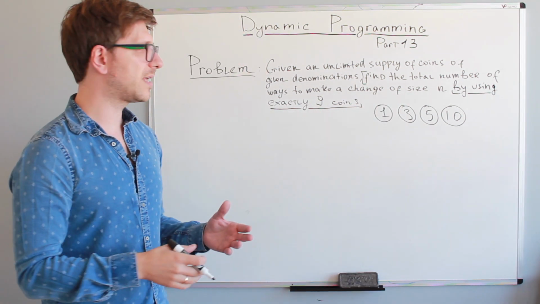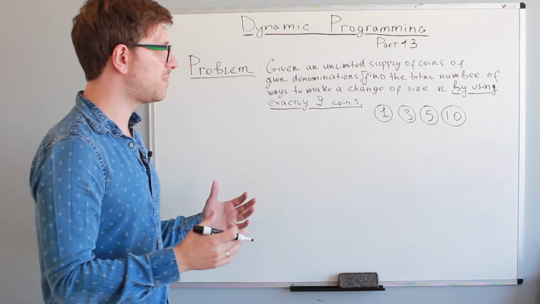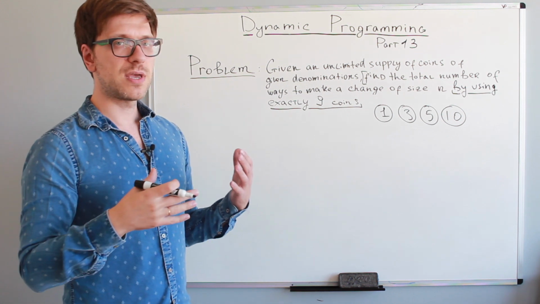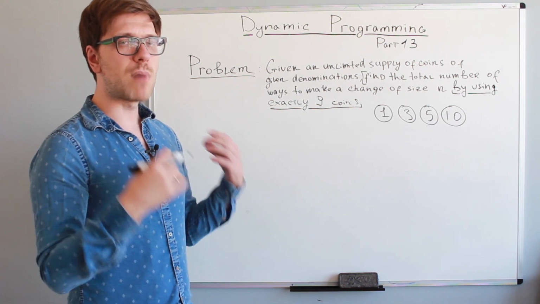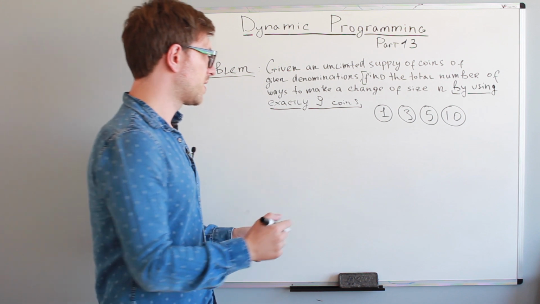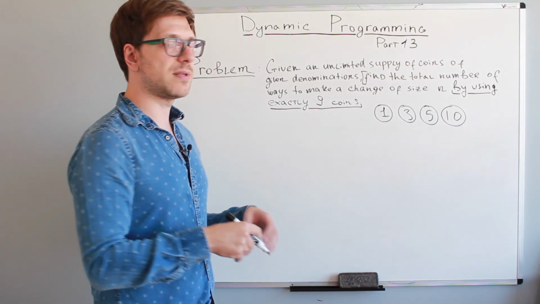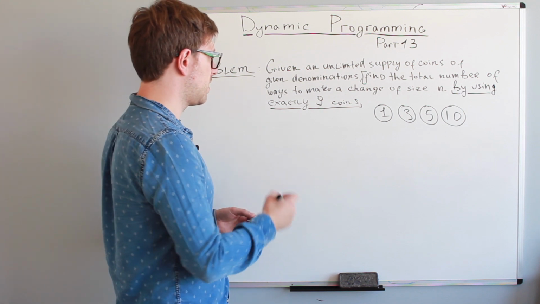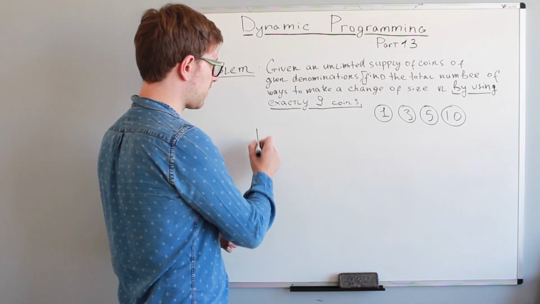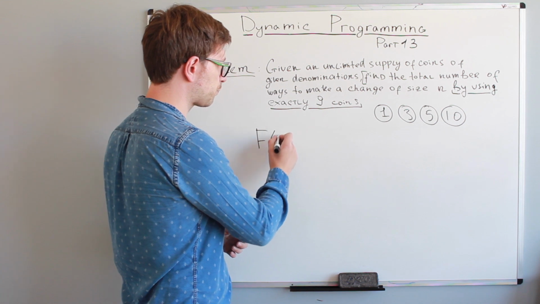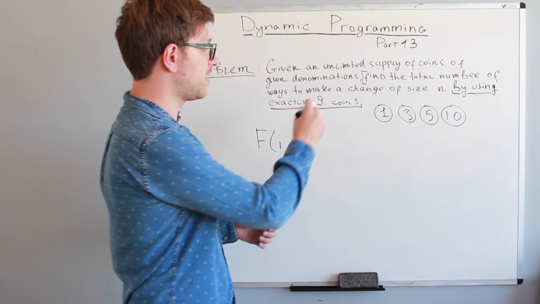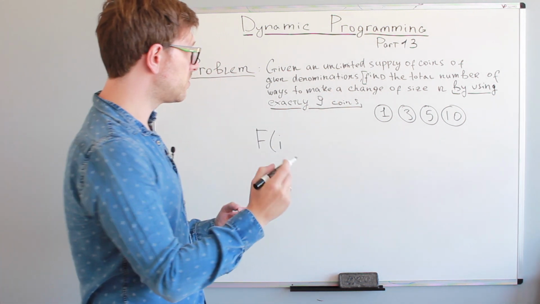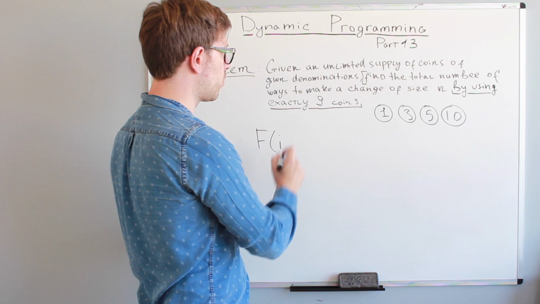So when you're defining the objective function, you have to be mindful about the number of variables in your problem, because your goal is to model the state of your problem. So let's do that, because this is also the first step in the framework. We have to define the objective function. So we can say f of I is the total number of ways to make a change of size I by using exactly 9 coins.